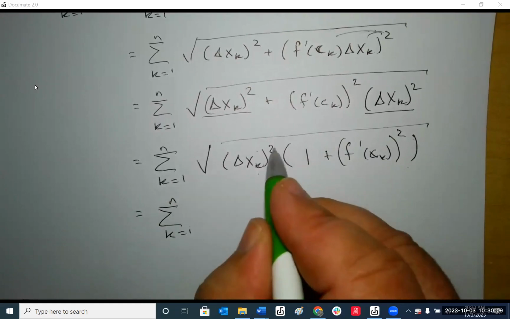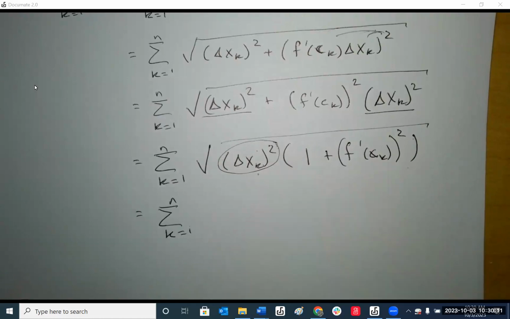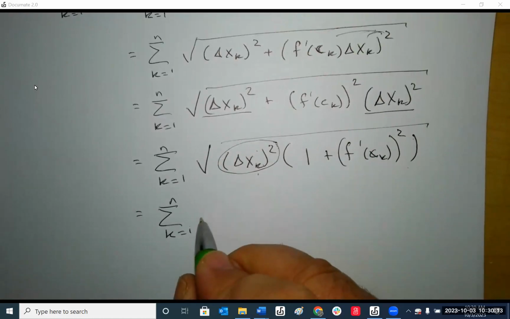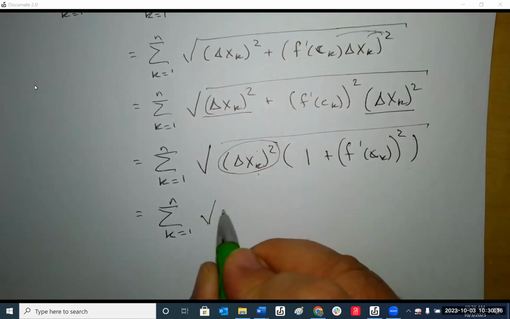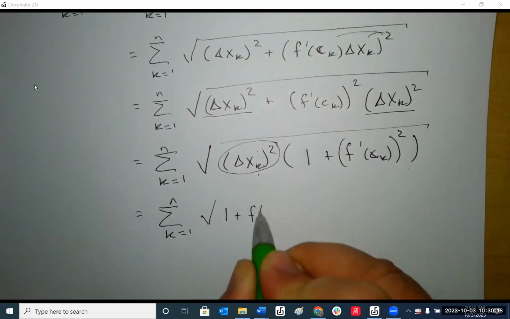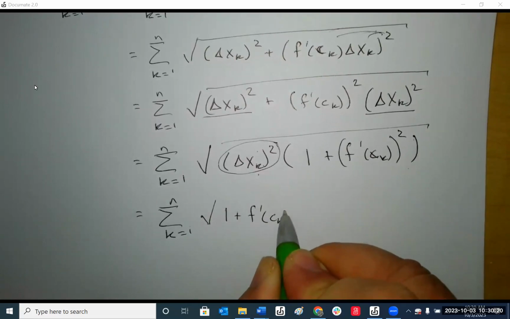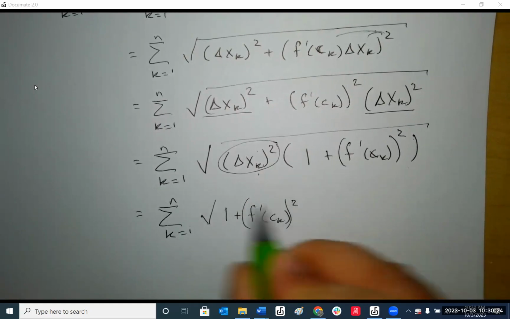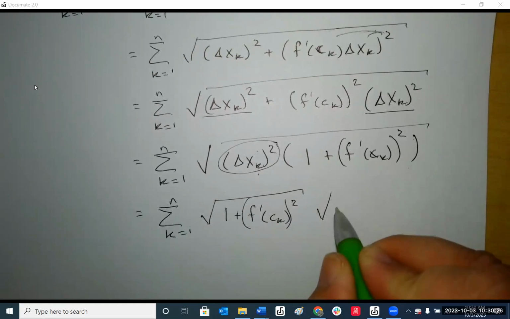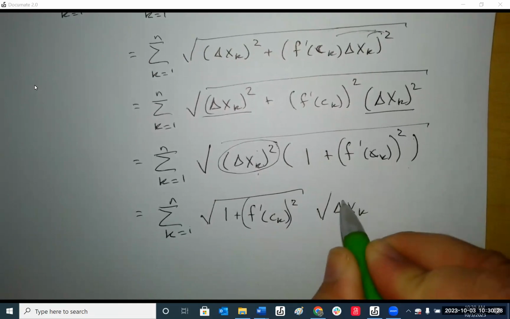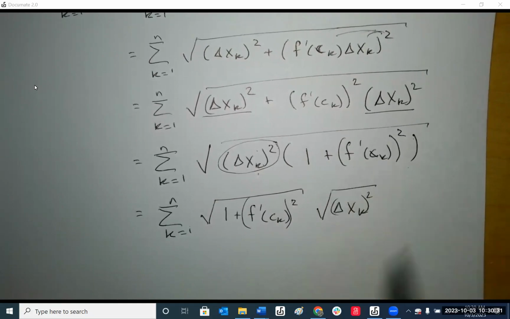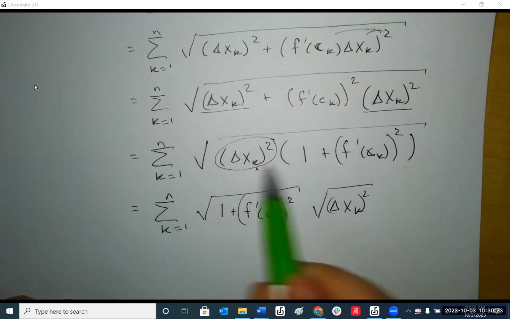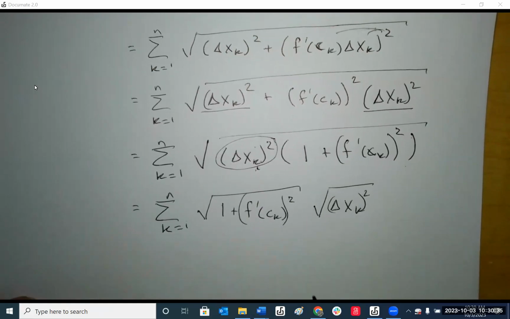But what I have now, since they're multiplied, I can split them up.